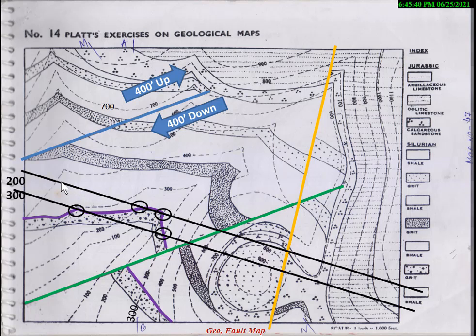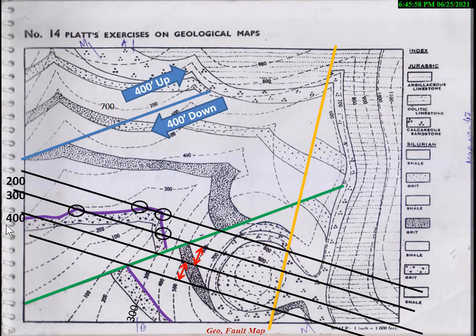At first we draw one pair of strike lines, then repeatedly we draw another strike line. If this is 200, this is 300, then this is 400. With the help of this distance we can easily draw another strike line. This is 500, and also until this bearing line, if it does not touch, repeatedly we need to draw a strike line.